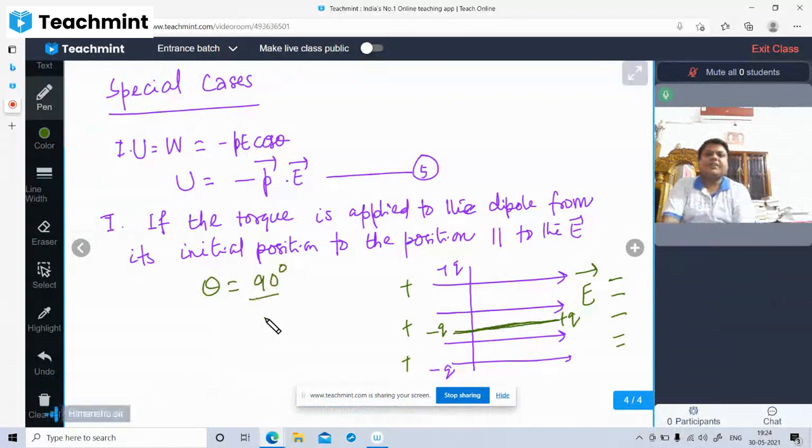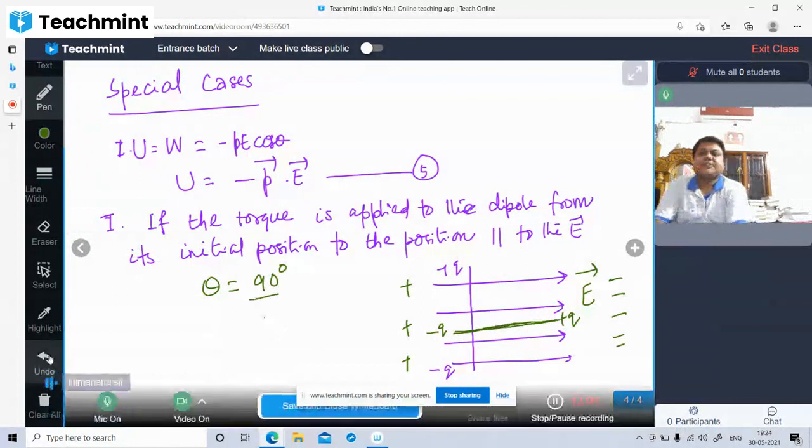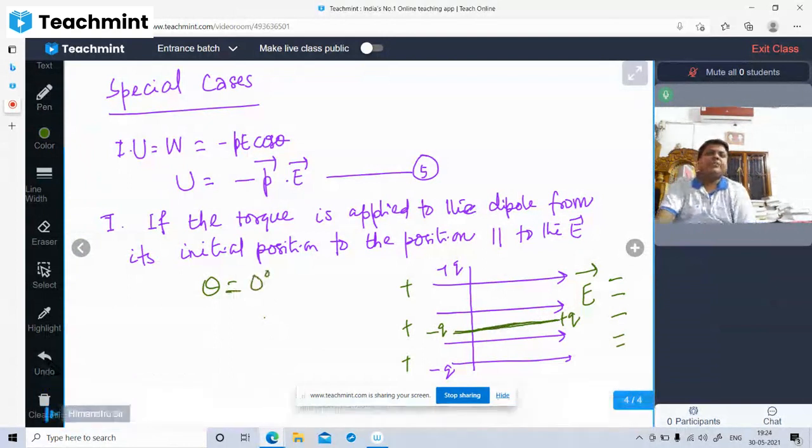In PE cos theta, theta means the angle between P and E. So theta is equal to 0 degrees. From 90 coming back to the parallel position. That means the dipole moment P is parallel to the electric field.